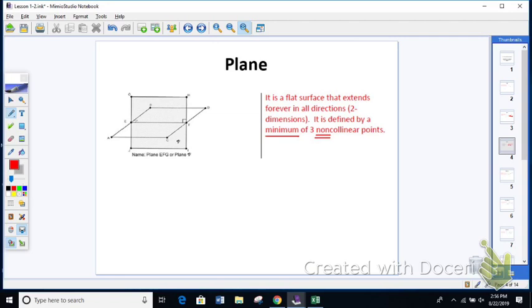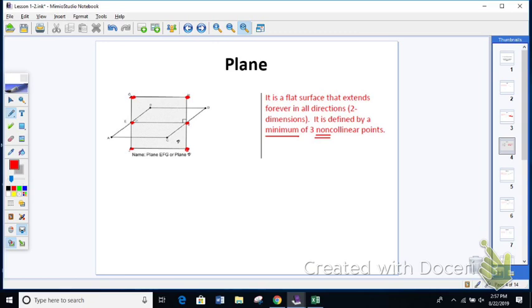Okay. On that plane, there are 1, 2, 3, 4, 5, 6. There are 6 different points that are labeled on that plane. Okay? There's a lot of others that we just don't see because they're not labeled. But there are 6 points on that plane that are labeled.